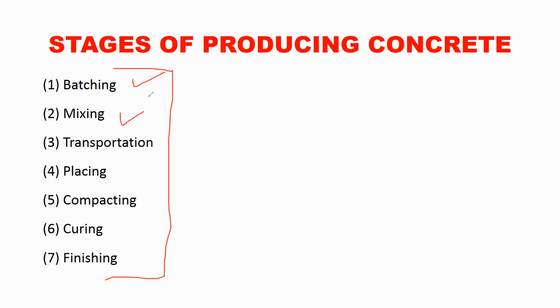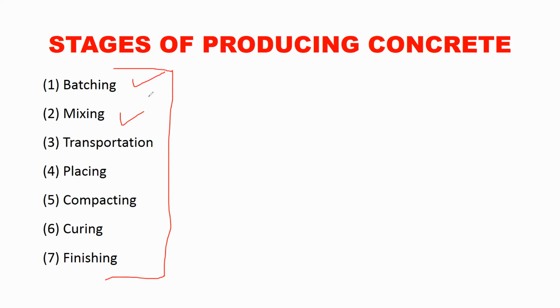Once you put the concrete into its final position, you have to compact it to remove the air voids present in the concrete, and also ensure that the concrete has reached each and every corner inside the formwork.